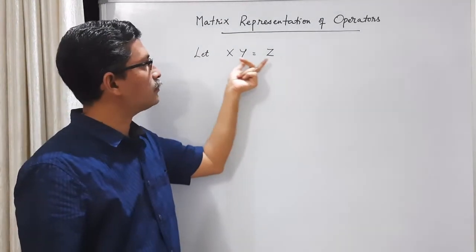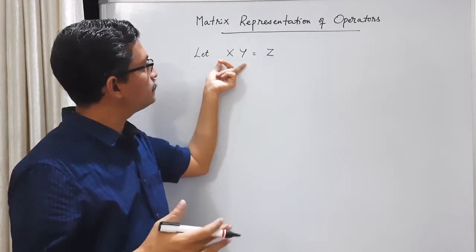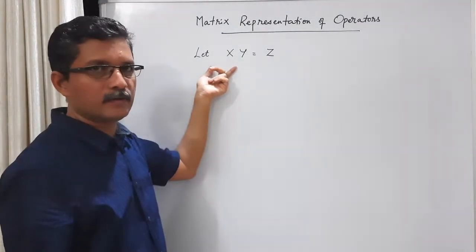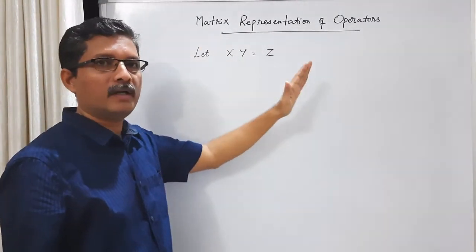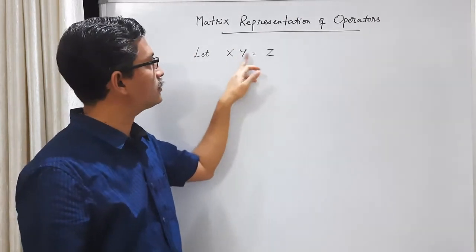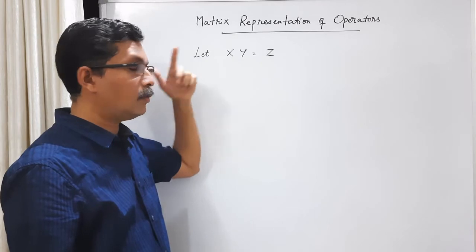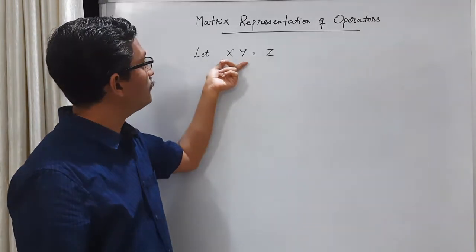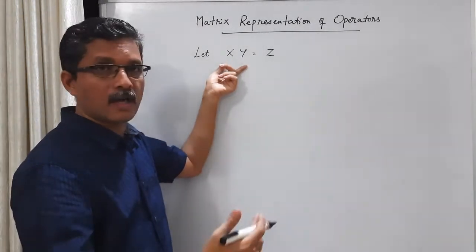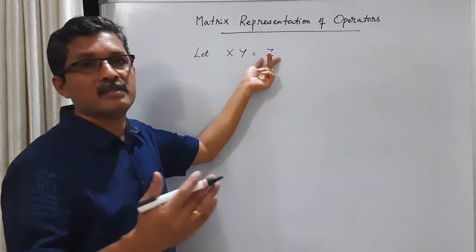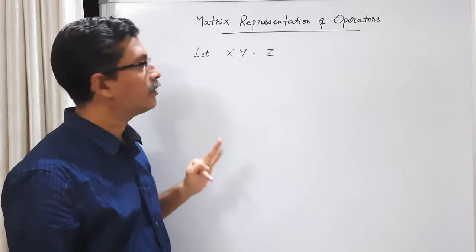You take the product of these two. We consider the action of Y and X sequentially. We know that operators act on a ket vector from left to right. So Y acts on a ket vector, then X acts on the modified ket vector. So XY means sequential action of two operators. Let us say that is represented by a single operator Z.